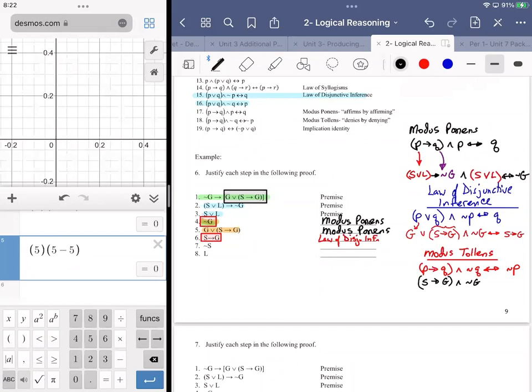It's the same structure: S is taking on the role of P, G is taking on the role of Q. So the result here is going to be not S. That's modus tollens, and that's our justification.